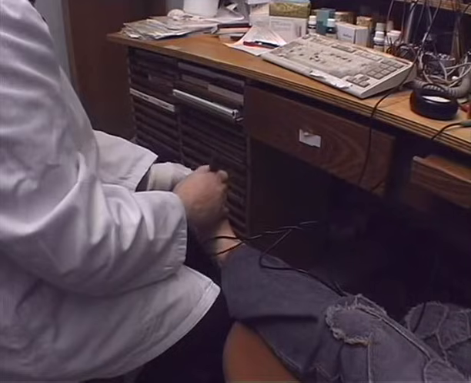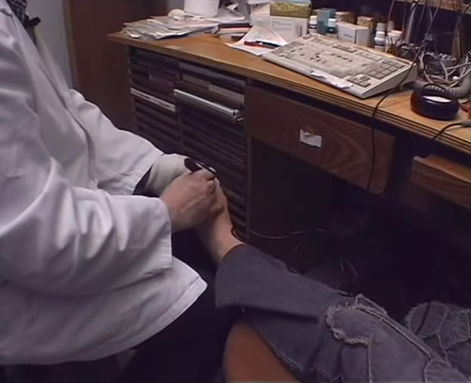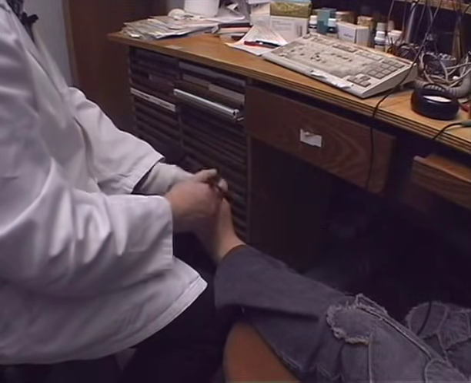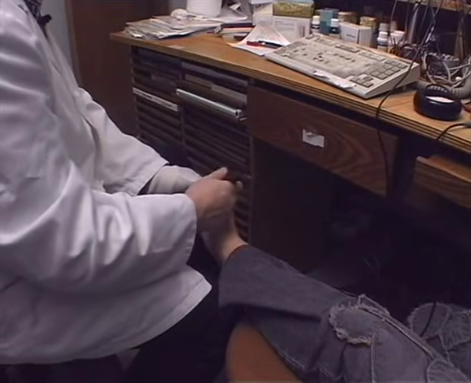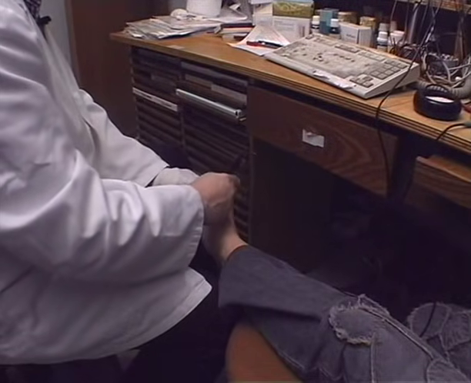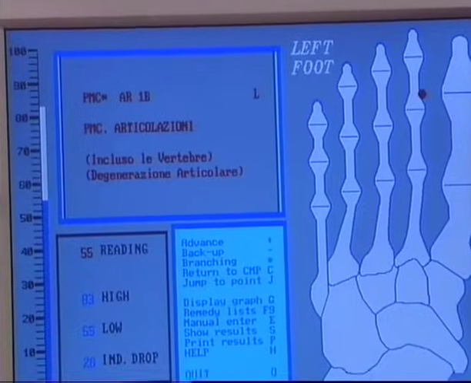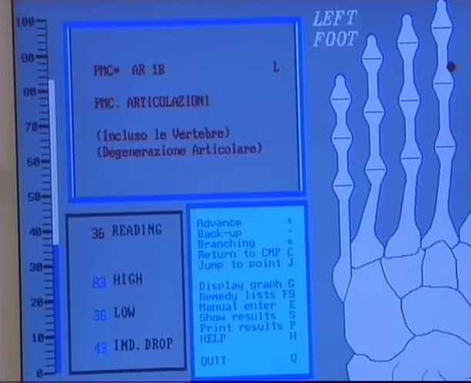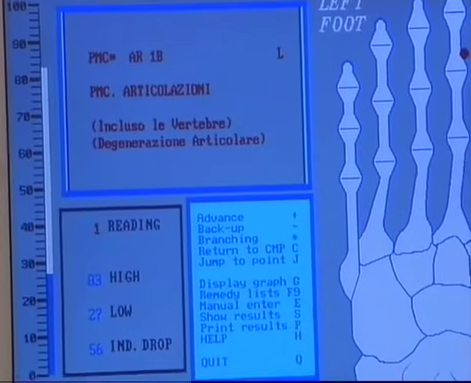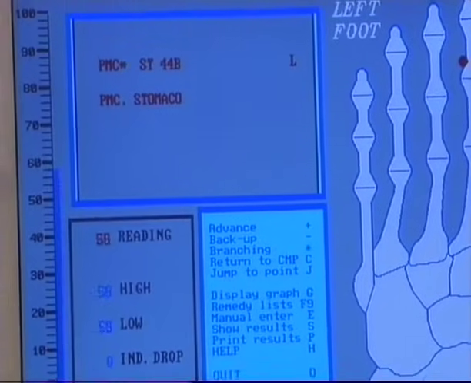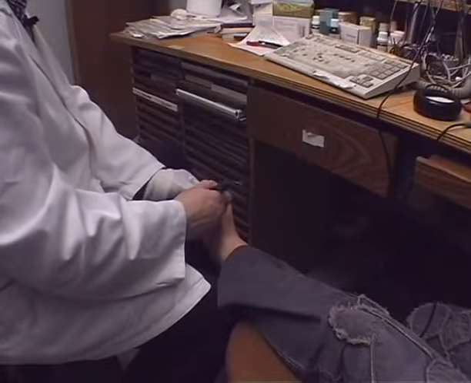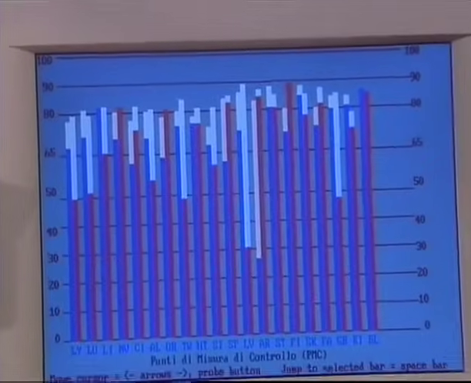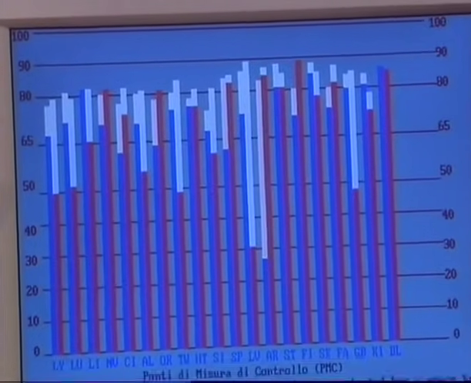This is the spleen, very important for the immune system. These are the articulations. The articulations are in a mess. The stomach. This is the patient's overall chart. So we have completed it.